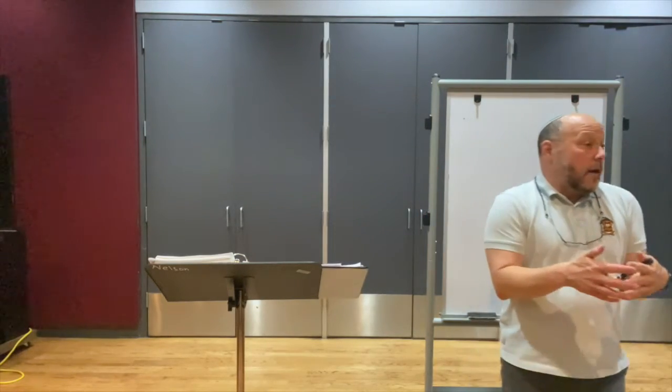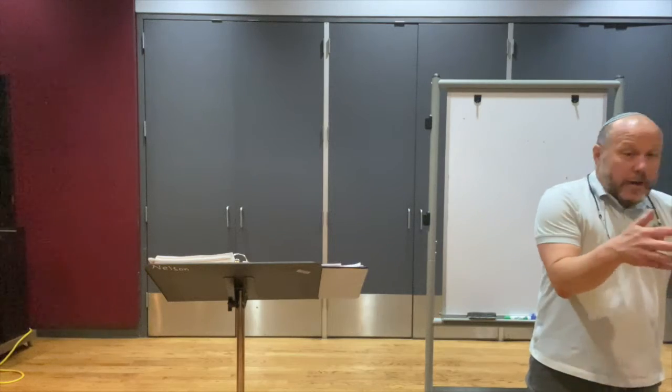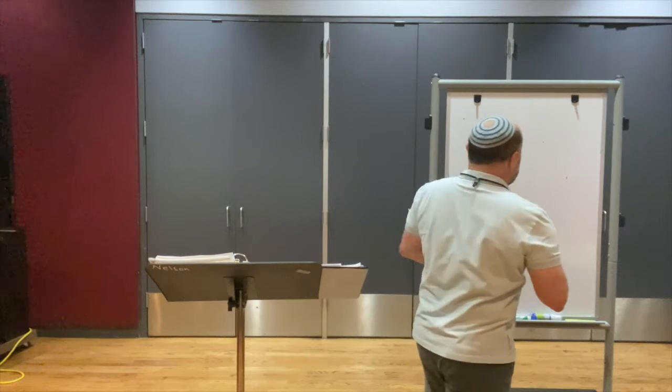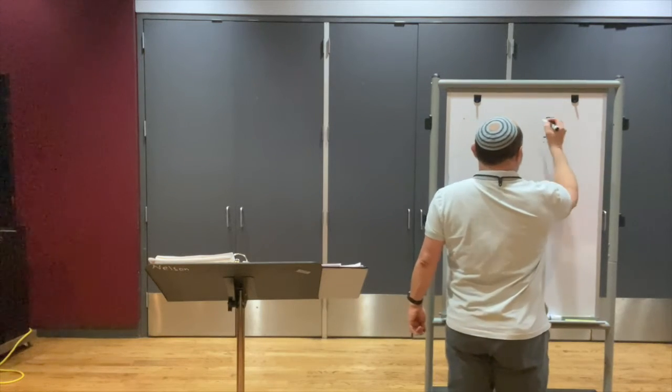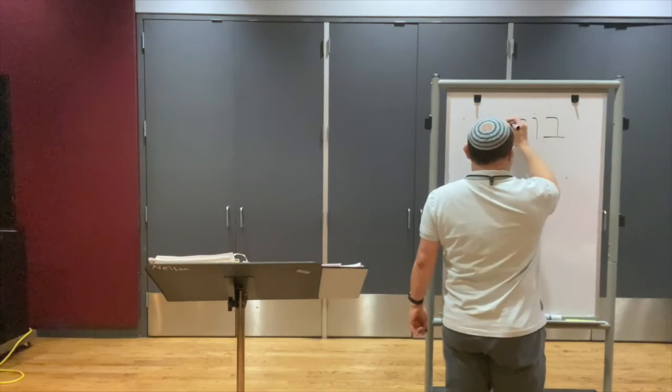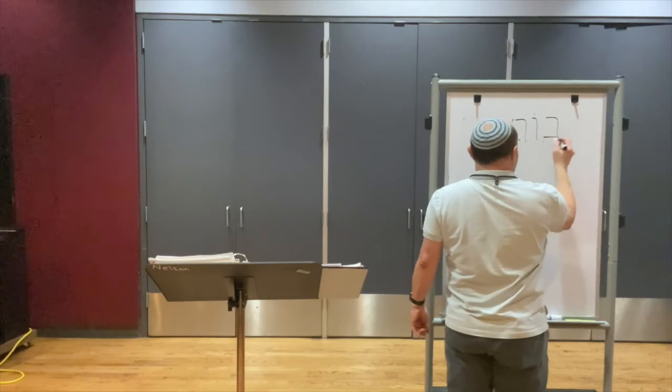And then we'll say, Borei Peri Hagafen, which means the creator of the fruit of the vine. Or we'll say, Borei Peri Ha'etz, creator of the fruit of the tree. Or we'll say lots of different kinds of Borei. And Borei is the same word, by the way. Same root of the word.